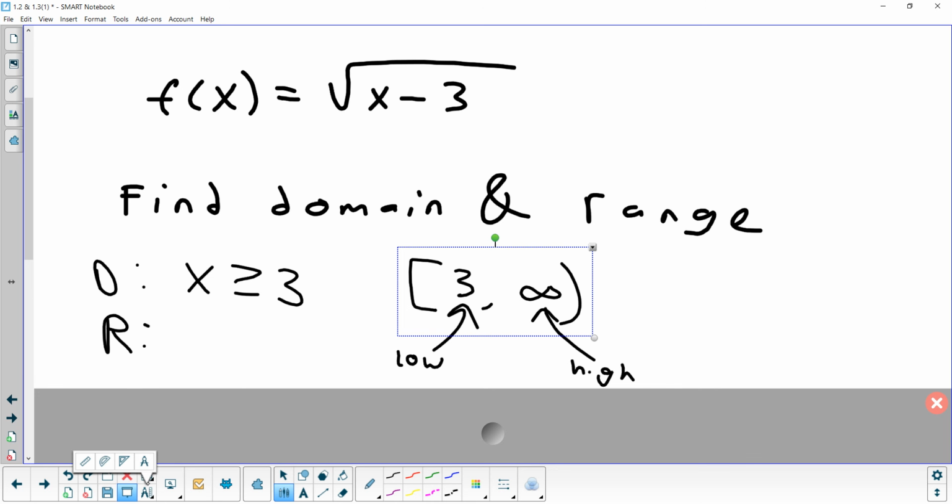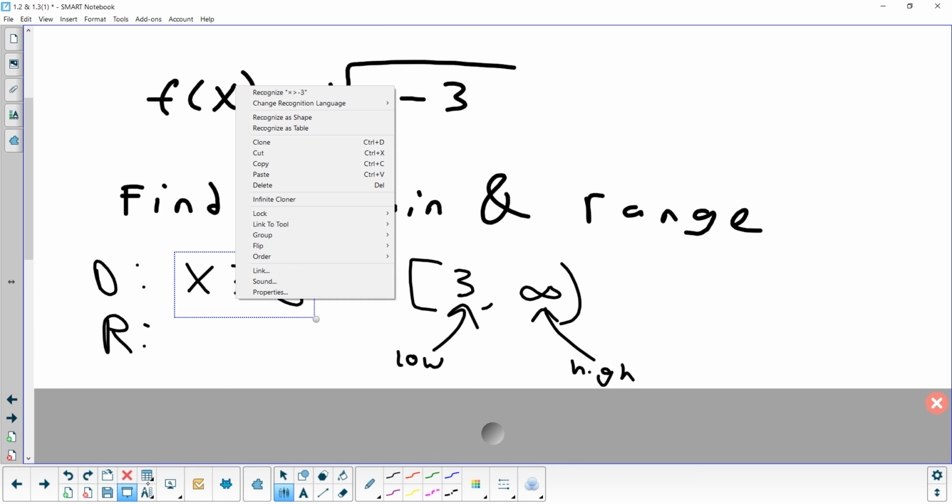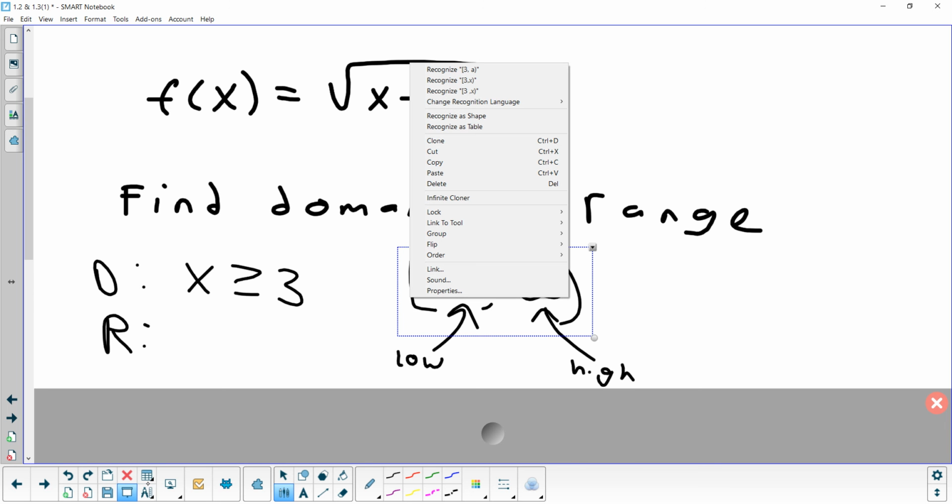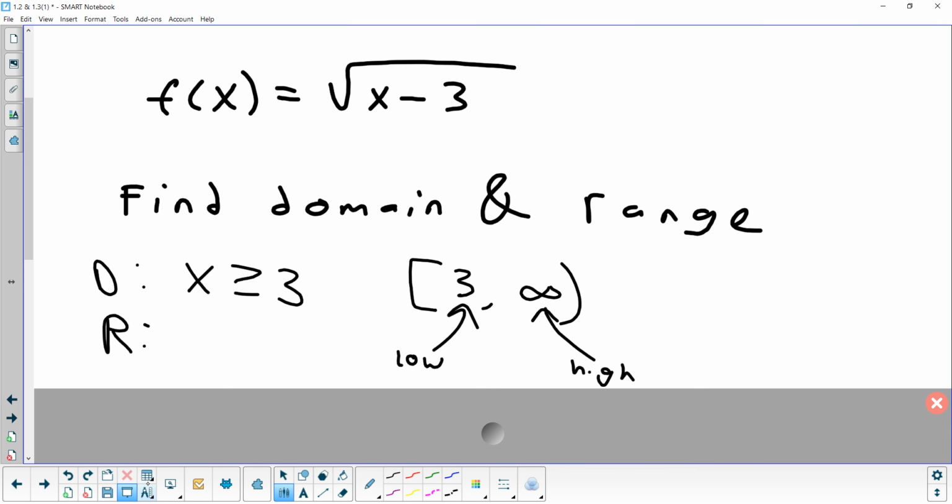Whether you put a bracket or parenthesis means do you include the number or not? Bracket means you can include it, it means equal to. Now on infinity, I put a parenthesis, because when you put a bracket, that means you can reach the number and include it. Well, you can never reach infinity. So infinity always has a parenthesis, meaning you can get as close as you want, but you can never reach it. So these two notations mean the same thing.